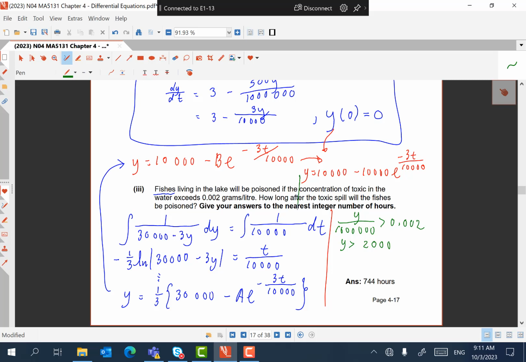You just plug in some values in here, so you do arithmetic. I think it's like that. Check my calculation.